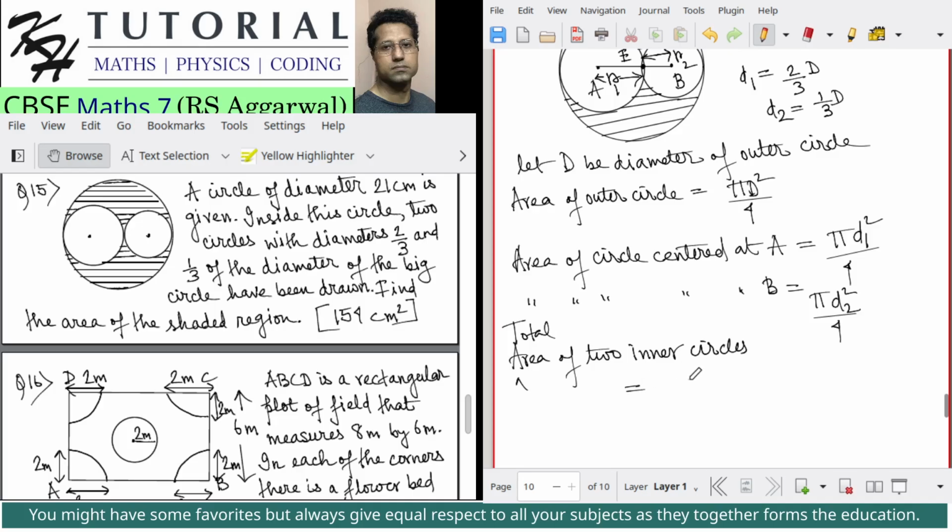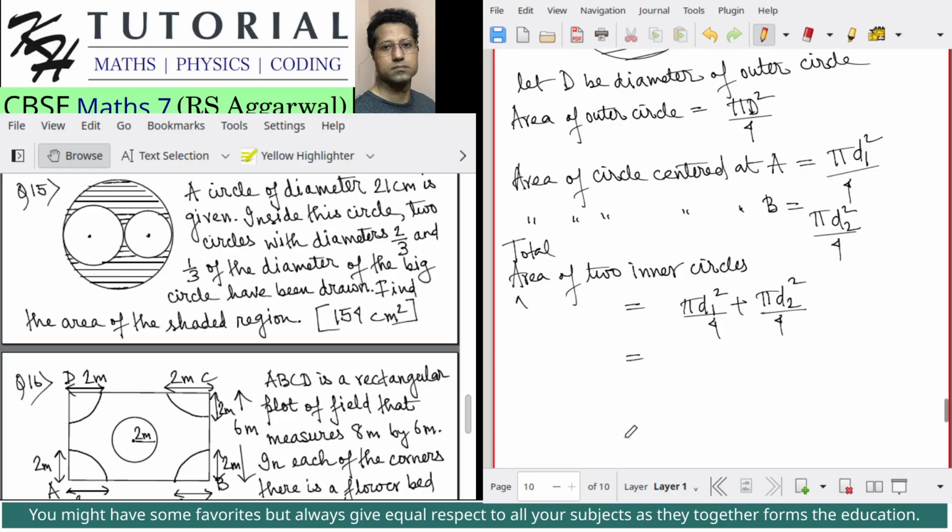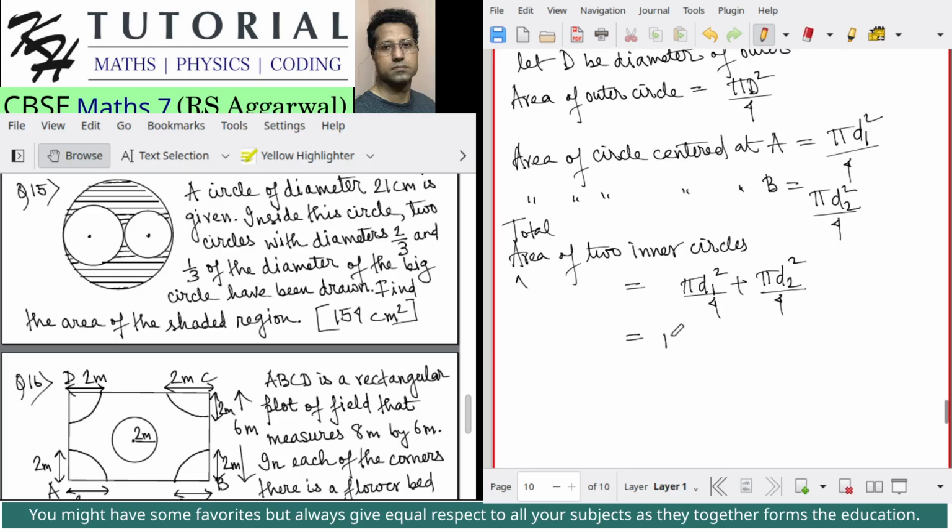It will be equal to pi d1 square by 4 plus pi d2 square by 4. This is equal to, if I take pi by 4 common, pi by 4 times d1 square plus d2 square.